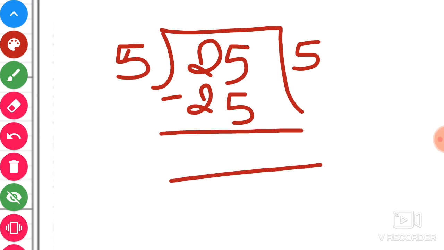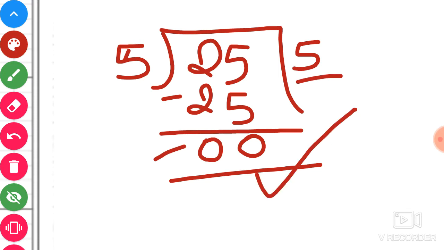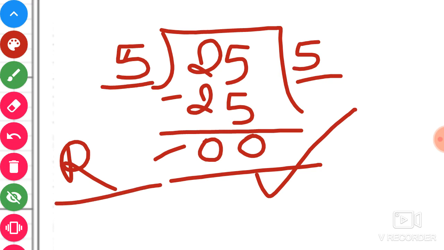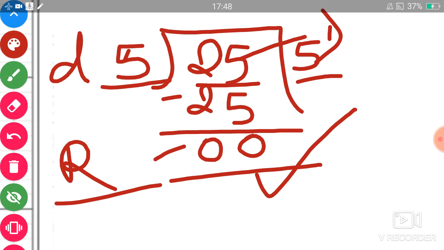Now we will subtract. As we know, division is repeated subtraction. 5 minus 5 will give us 0. 2 minus 2 will give us 0. So our answer is 5. Our remainder is 0. 5 is our divisor and 25 is our dividend.